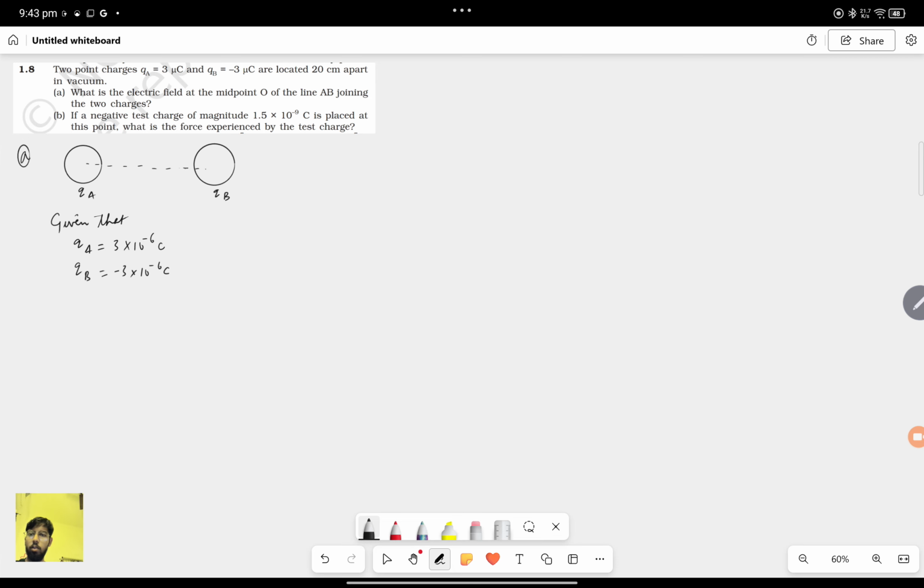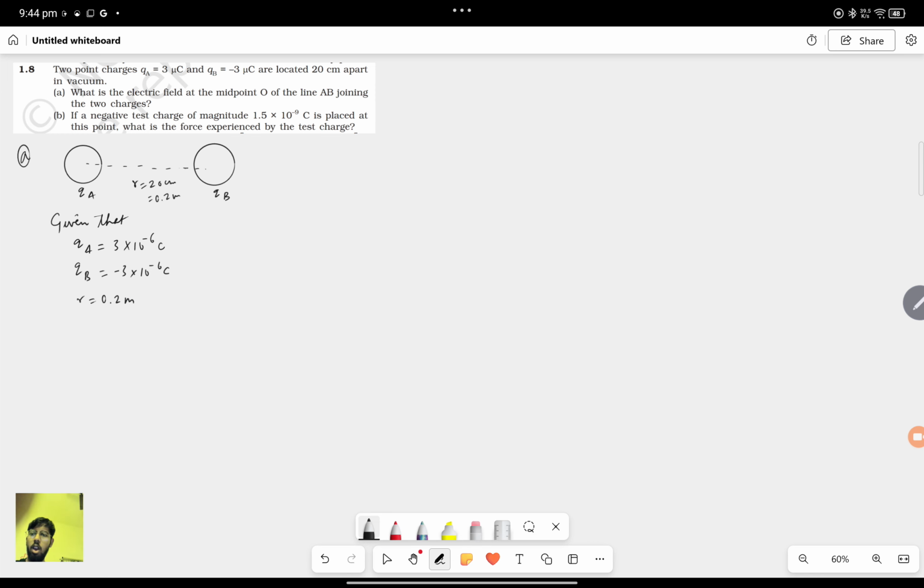So both charges are equal and opposite, and the distance between them is 20 centimeter, that is 0.2 meter. So R is equal to 0.2 meter.